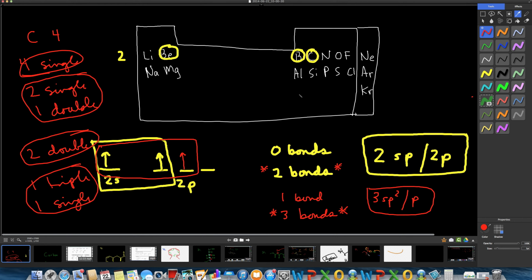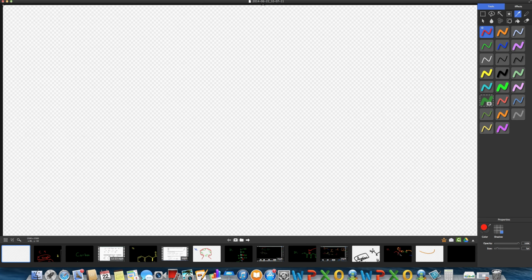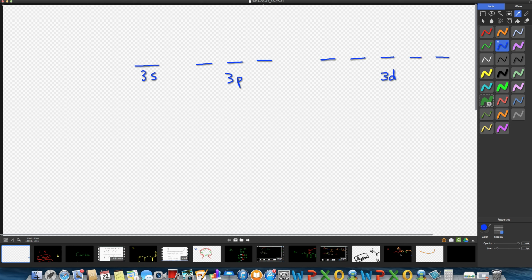So now that we've looked at this, let's take a look at sulfur. And for sulfur, we're in the 3rd row. So we have 3s, 3p, but the 3rd row of the periodic table also has unfilled d orbitals. And if you're rusty on this, I would strongly encourage you to re-evaluate the Aufbau principle.